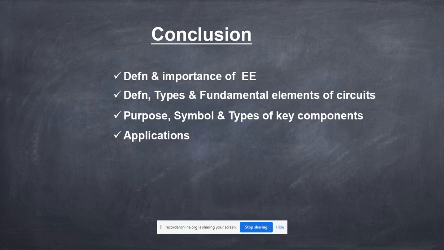We have seen four main things. The first one is definition and importance of electrical engineering, the second one is definition, types and fundamental elements of circuits, the third one is purpose, symbol and types of key components, and the fourth one is applications.